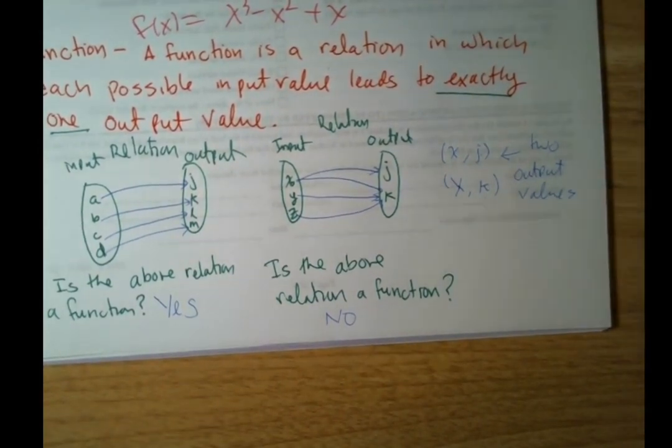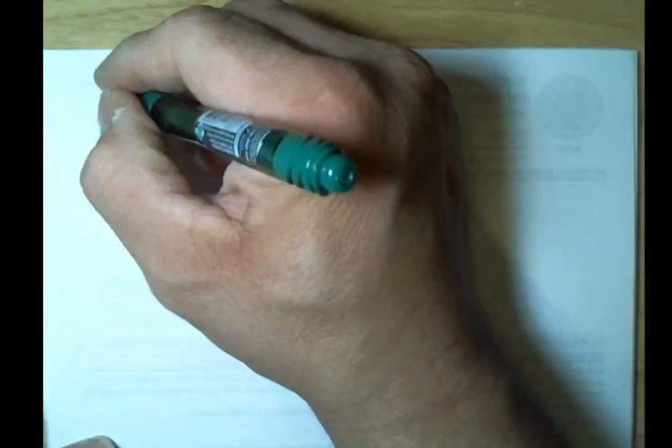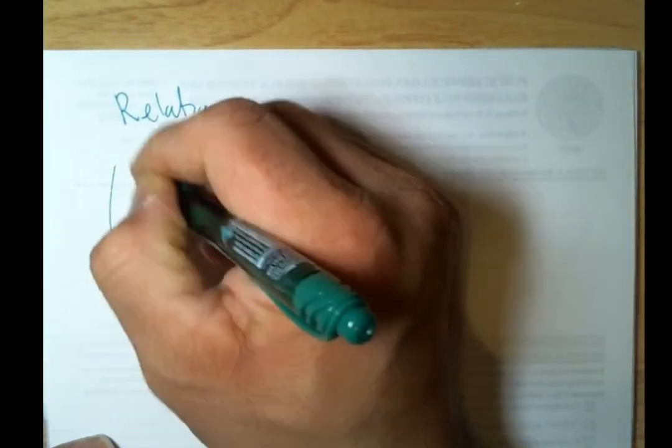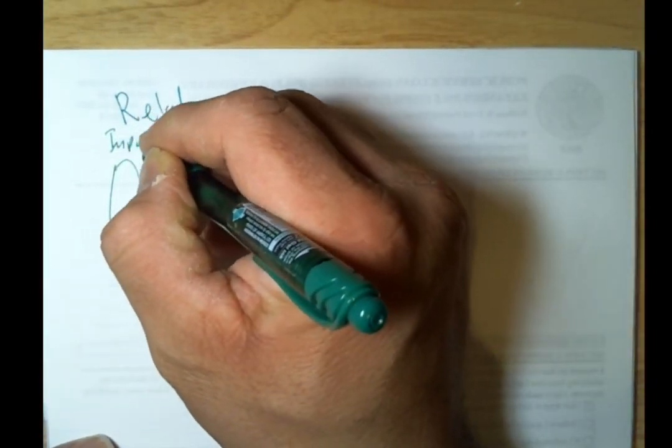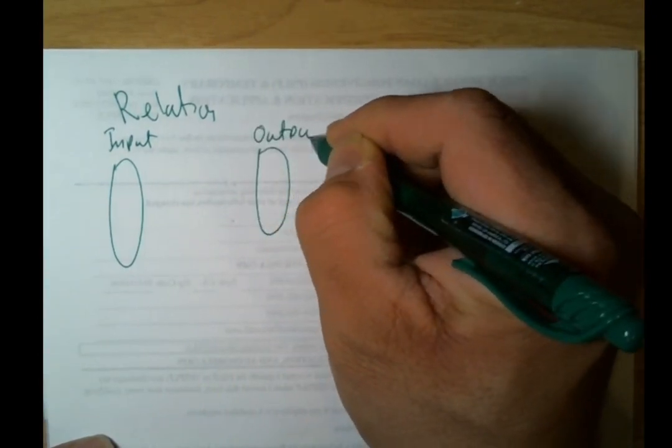Okay, let's take a look at one more example. Let's say we have the following relation. Here we have our input and here we have our output.